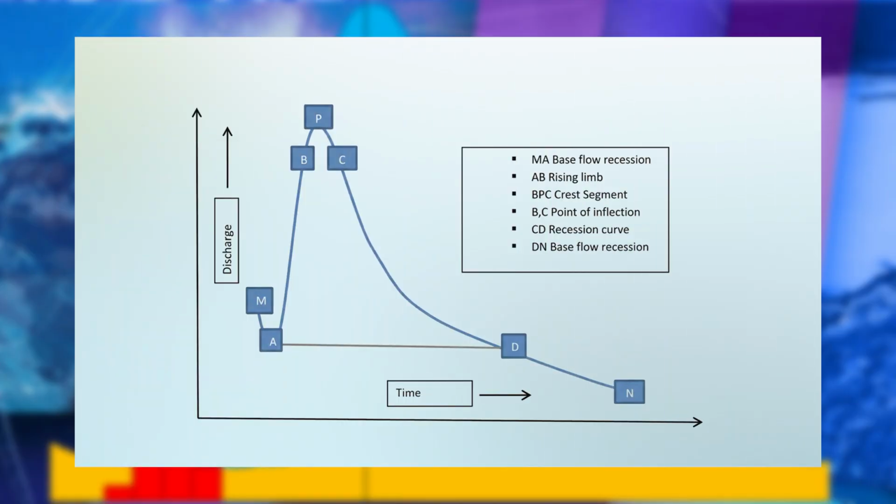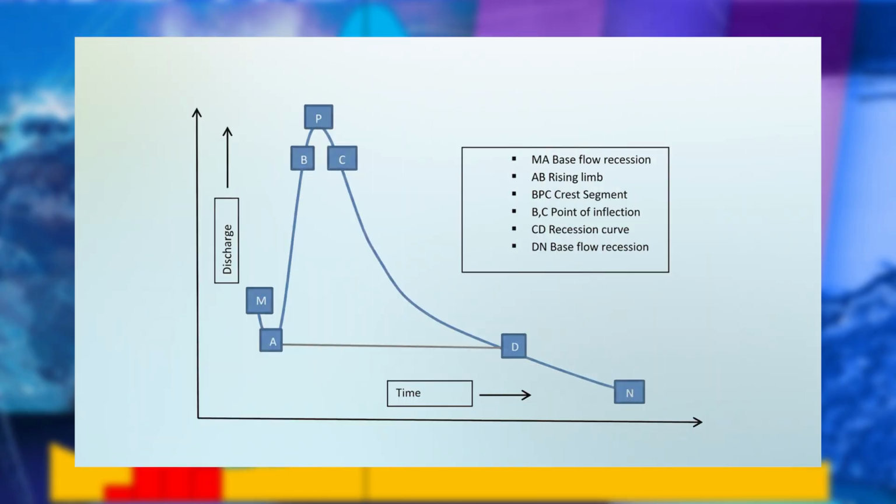The second major segment of the hydrograph is the BPC portion, commonly referred to as the crest segment. This is the most critical part of the hydrograph because it indicates the peak discharge at point P, which is essential for planning and designing of water related infrastructures. This segment is crucial for hydrological analysis as it provides the maximum flow generated by a particular rainfall event.